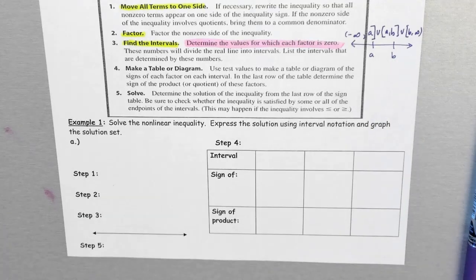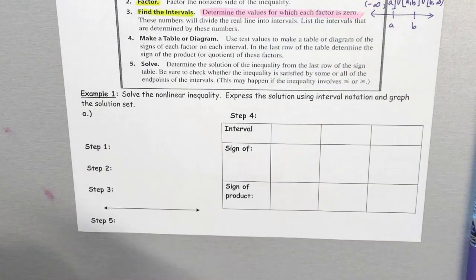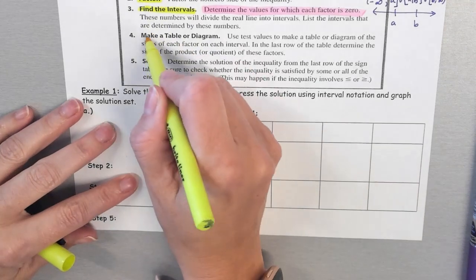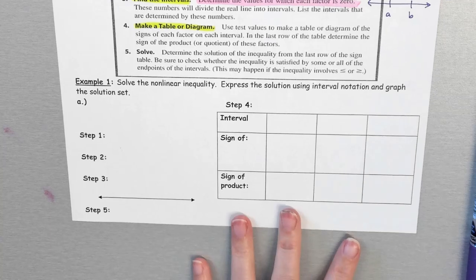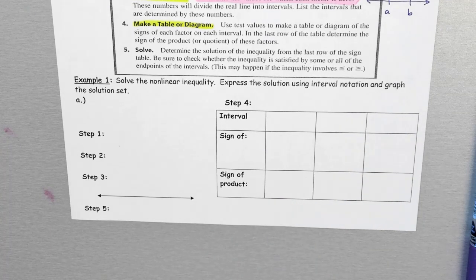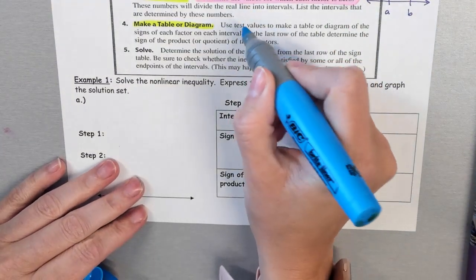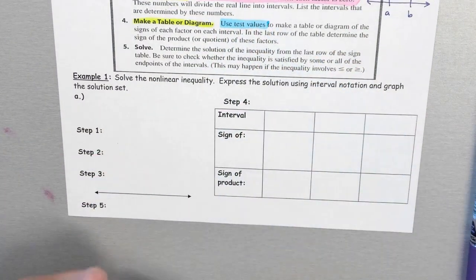Okay, so we're going to make a table or a diagram, and I'm going to show you how to make that from the number line. And then we are going to use test values to make a table. Okay, and we're going to pick test values in the intervals.